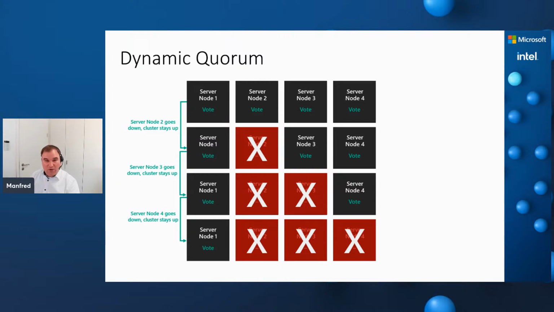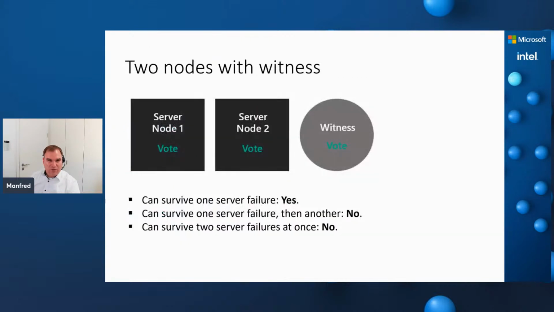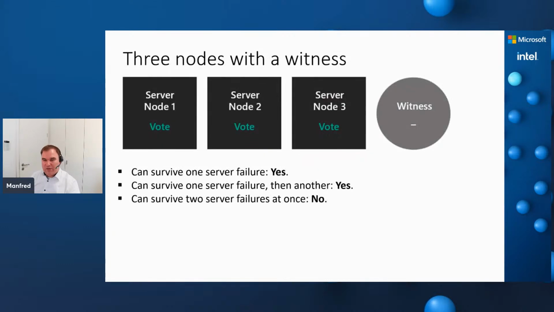So the witness also has a vote in such an environment so that we can ensure that in a 2-node cluster or in a 3-node cluster, we can survive several failures. Here in the 3-node cluster, it's interesting. We can see initially the witness has no vote, but if one node fails, then the witness receives a vote based on the dynamic quorum settings.